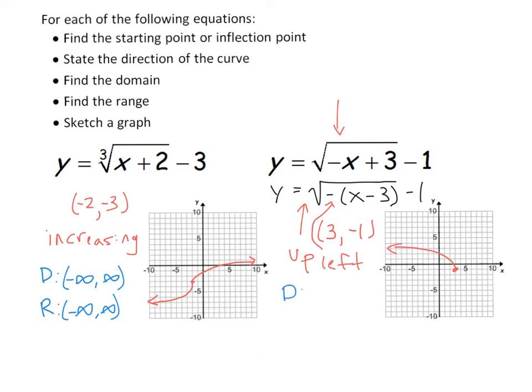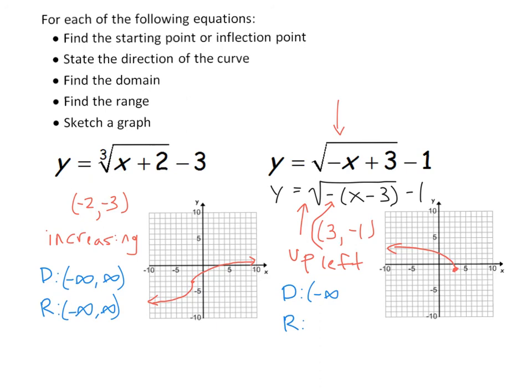All right, so the domain and the range. Again, a lot of times it helps people to think about where that arrow is. The arrow means it's going left forever and up forever. If it's going left, the domain is going to have -infinity because it's going negative forever. So the domain is going to have -infinity on the left.